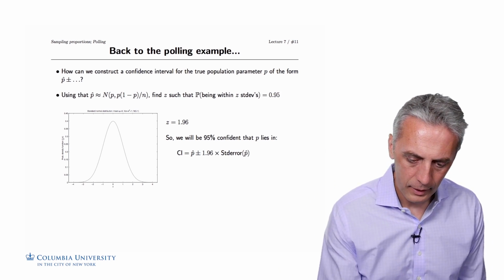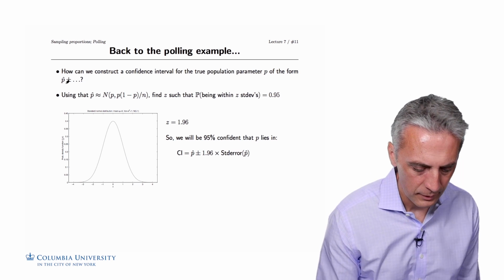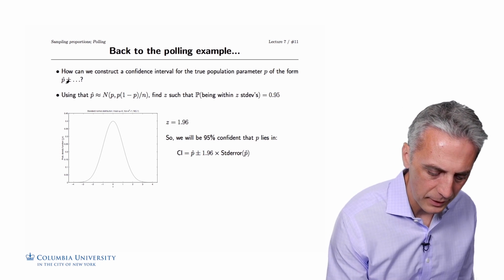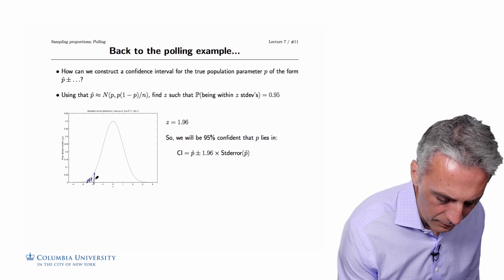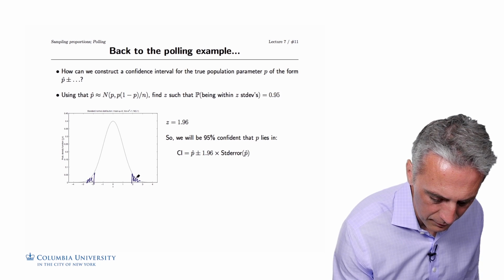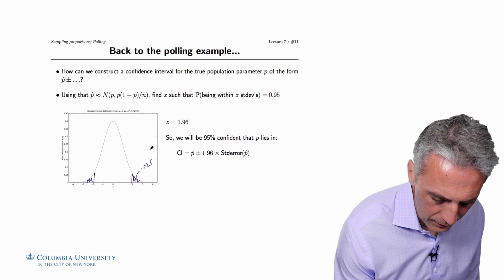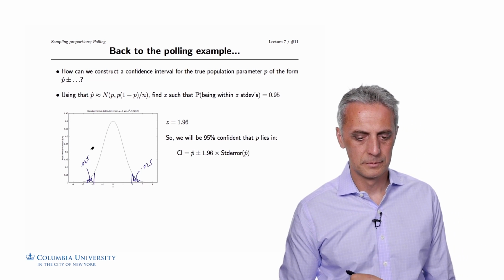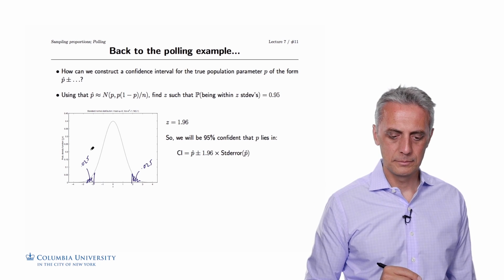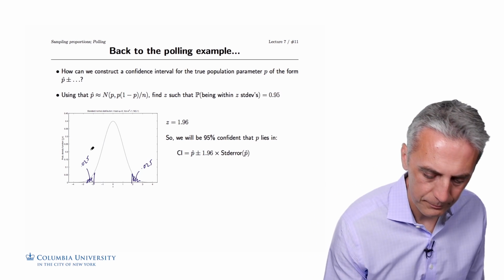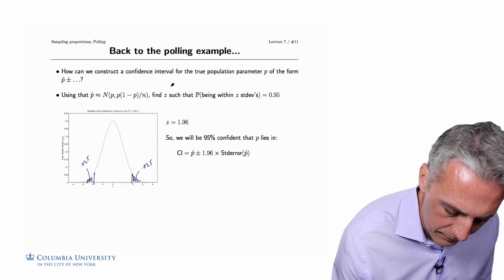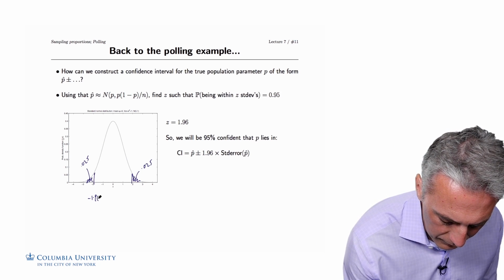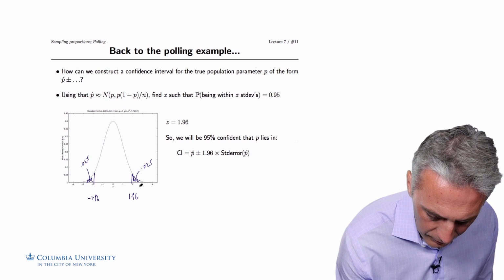So what do I know? I want to construct a confidence interval, and I want to be, let's say, 95% confident. So if I want to be 95% confident, I want to have 2.5% probability on each tail. So I guess what I'm saying here is this is negative 1.96, this is positive 1.96.